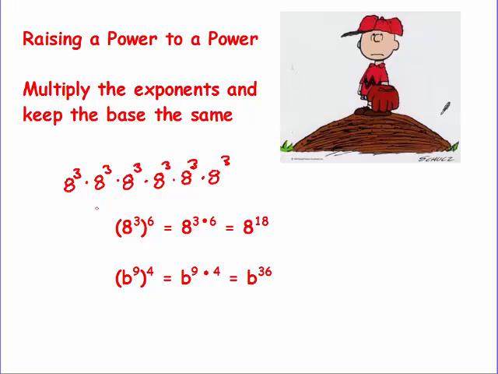And really this is the first rule. They're all the same bases, so you add the exponents, so you get 8 to the 18th power. The shortcut is when you have a power raised to a power, you're actually multiplying the exponents. So b to the 9 to the 4th power is really b to the 36th power.